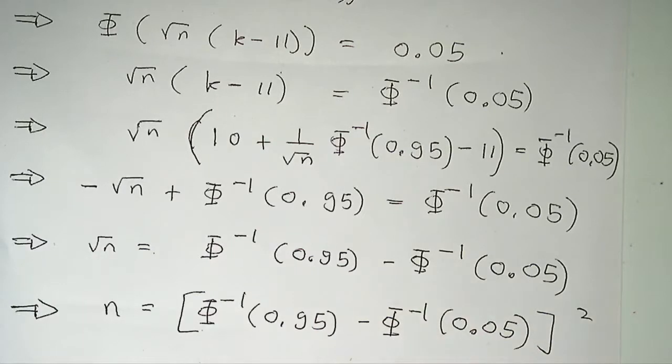Are you with me? It looks like a long process, but these are the kind of questions you may get in the exam, especially in the final exam. Does it make sense?